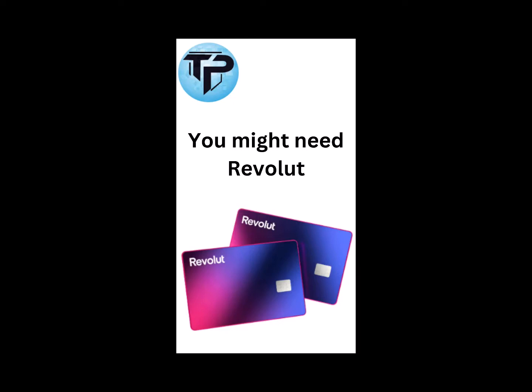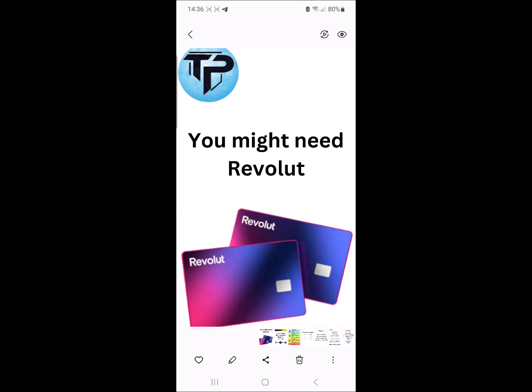But again, this is going to vary from country to country, and even from time to time, some of the rules change, and it changes a little bit which bank or which card you can use with any given crypto exchange. But yeah, an online account can be useful.